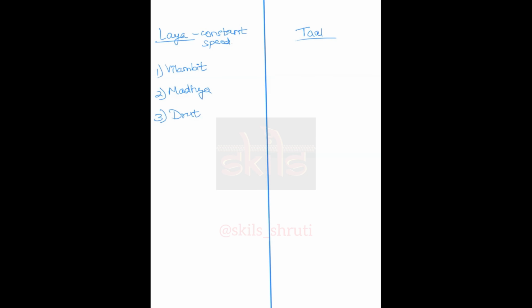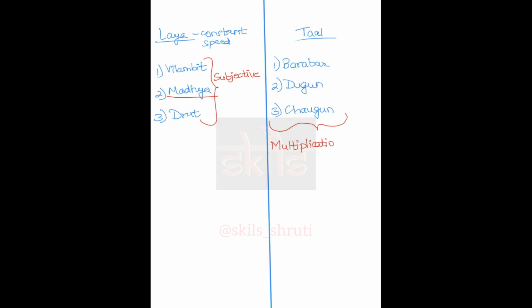Counterparts of those are thought to be Barabar, Dugun and Chaugun. Now these Vilambit, Madhya and Drut, these are subjective concepts. Coming to the Taal, all of these concepts, your Barabar, Dugun and Chaugun, need to be understood using the operation of multiplication.